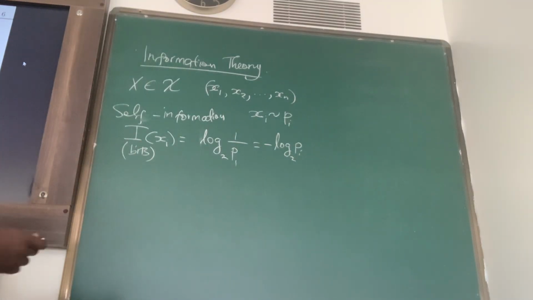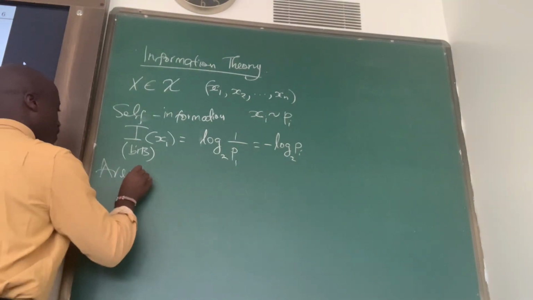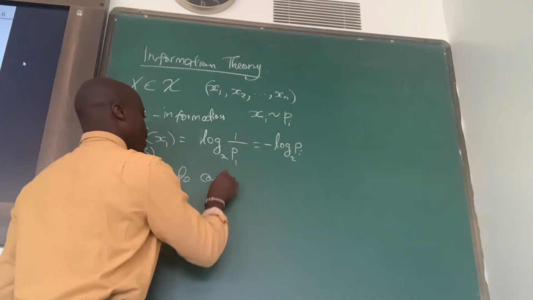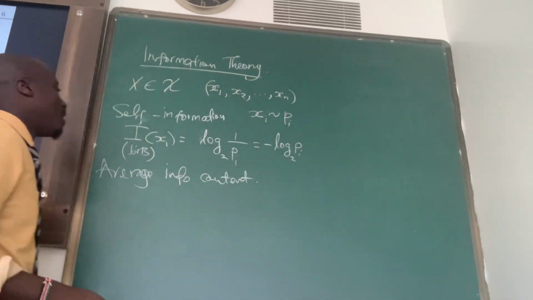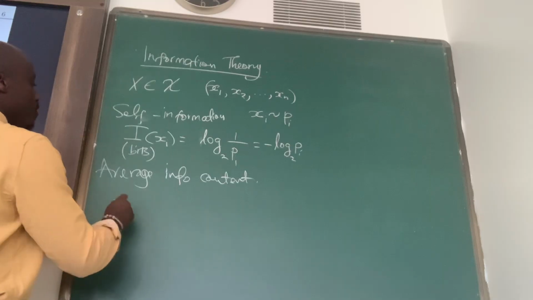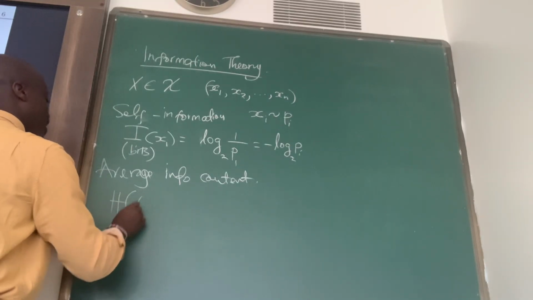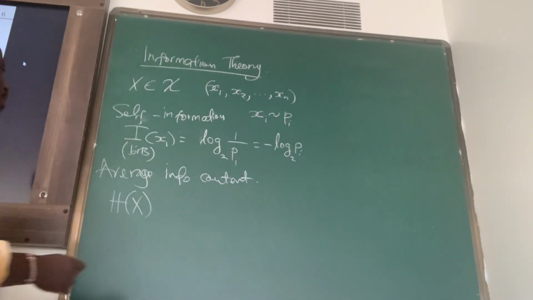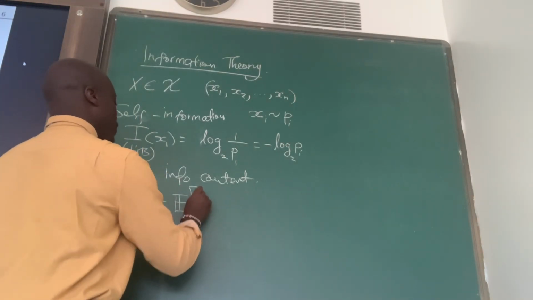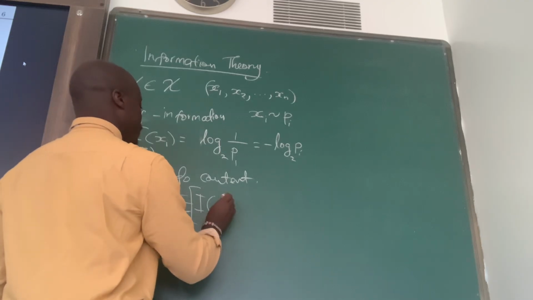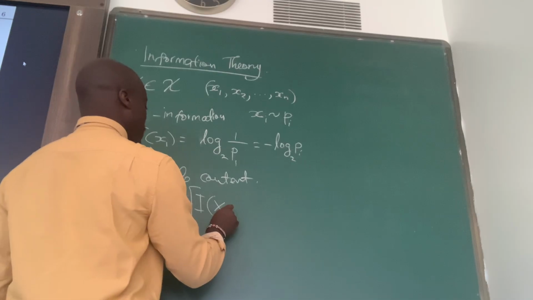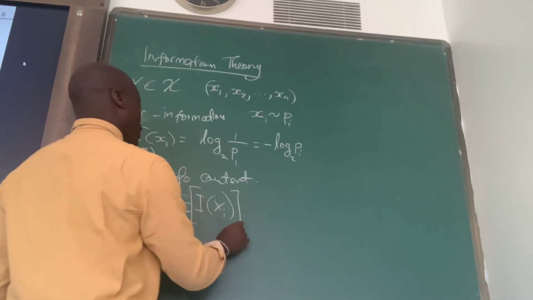Then we said you can also find the average information. The average information content, and this is what we call uncertainty. So the uncertainty of this thing, the average information content H(X), which is also called the entropy, is given by the expectation of the self-information of xi.